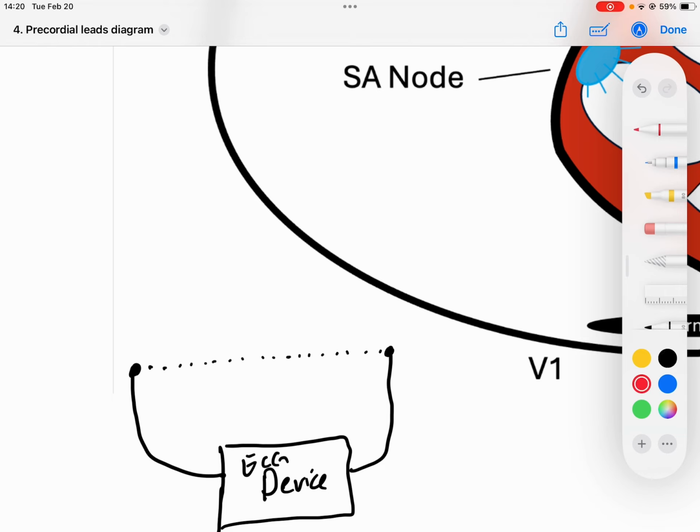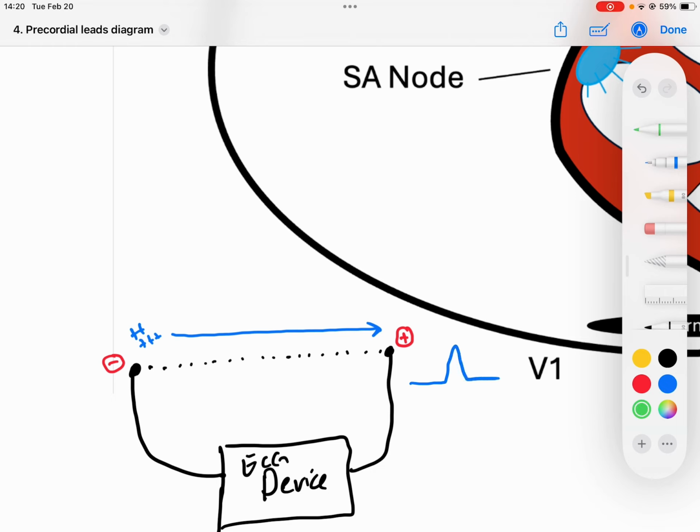And so what the machine does is it will artificially, in its mind, label one of them as a negative electrode and one of them as a positive electrode. Any time you get positive signals heading from the negative side to the positive side along this axis, you're going to get a deflection on an ECG rhythm that is positive.